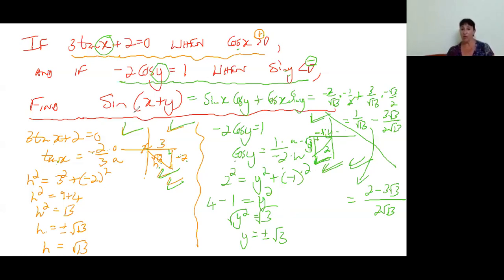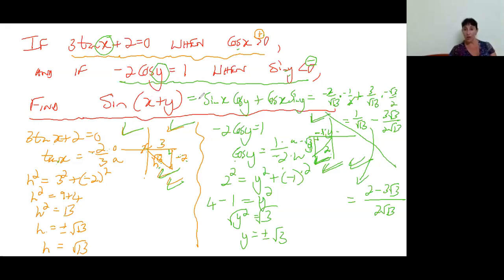So if I now want to find sine of x plus y, none of these triangles have an angle x plus y. I have an angle x and I have an angle y. So I need to break that up, and that's why I use the compound angle formulae. So sine x cos y plus cos x sine y.